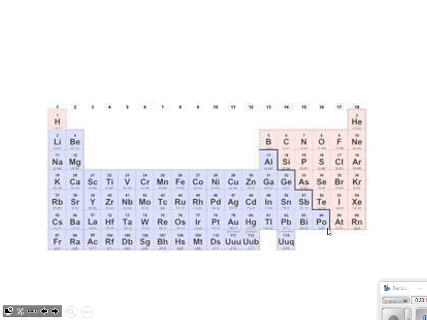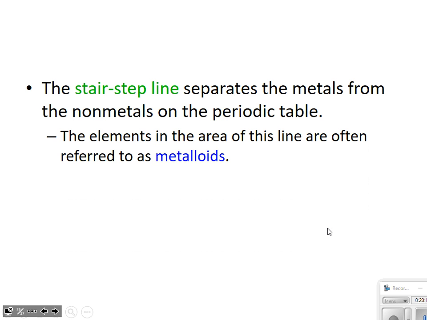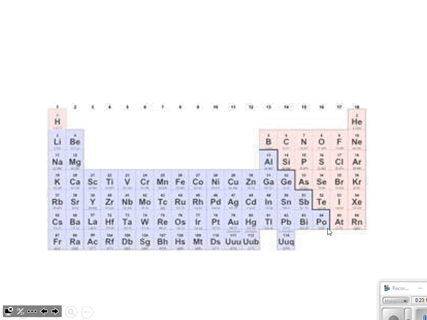It is on that step. Tellurium is a metalloid. Now, if you look right here at phosphorus, is phosphorus on the step? It is just touching the corner. Phosphorus is not a metalloid.